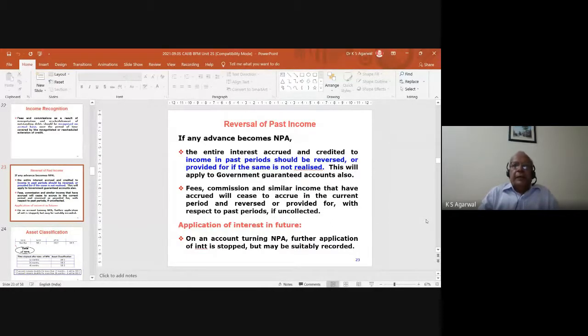The underlying principle is that when an account becomes NPA, if I have credited past interest in my income account on accrual basis, I have to see that only that income is relied upon which has actually been realized. If there is some portion which has not been realized, then I have to reverse it and provide for it.